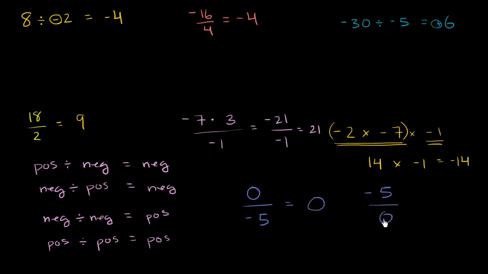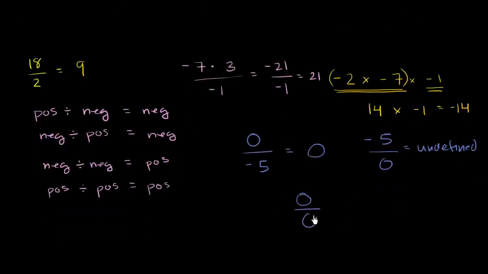Well, we don't know what happens when you divide things by 0. We haven't defined that. There's arguments for multiple ways to conceptualize this, so we traditionally just say that this is undefined. We haven't defined what happens when something is divided by 0. And similarly, even if we had 0 divided by 0, this is still undefined.